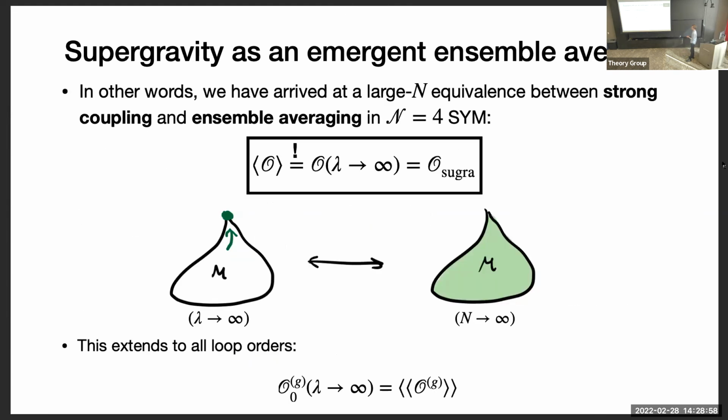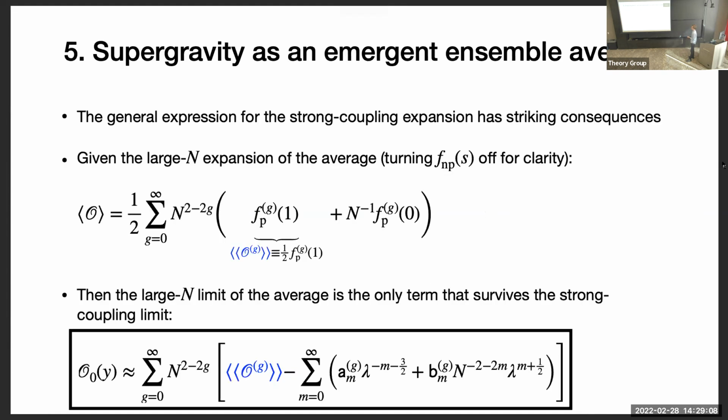And so again, we have these two ways to think about supergravity, both as a strong coupling limit and as a large n ensemble average. And from here, it's clear that there's a sense in which this extends to all loop orders, so all orders in the genus expansion, because the same structure holds.